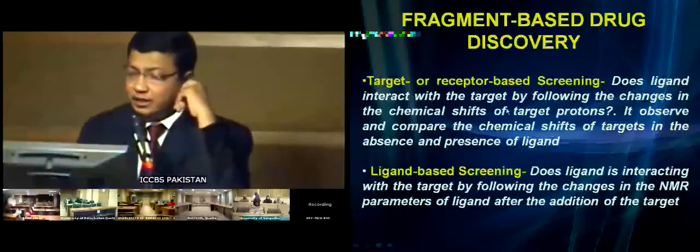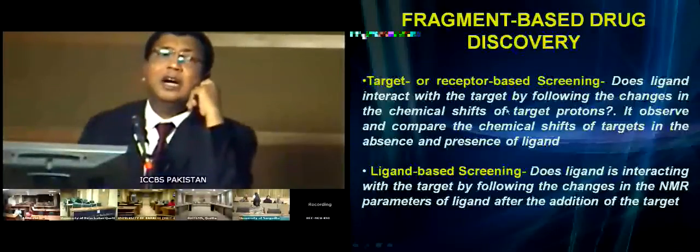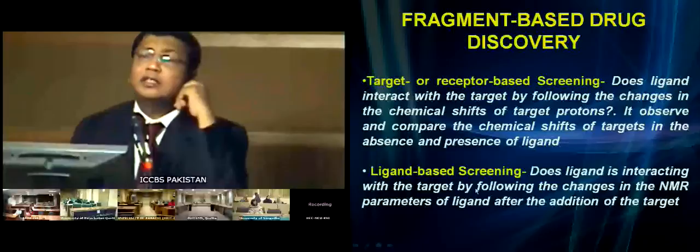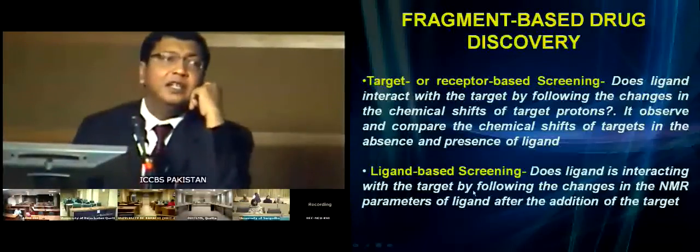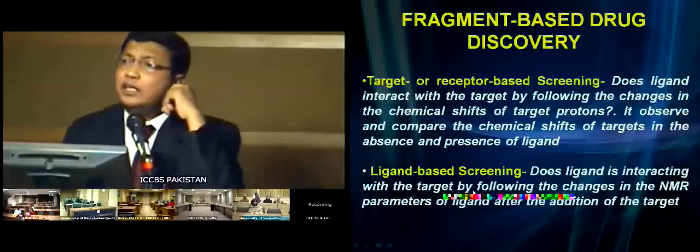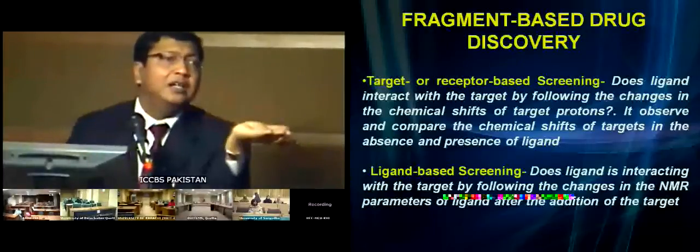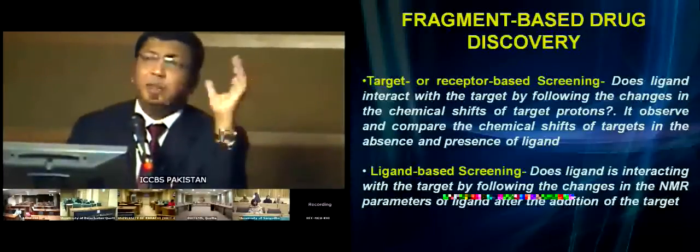This ligand based screening is a high throughput screening for ligands, because if you have several ligands, the ones which are affected are the ones which are binding, right? Very simple.